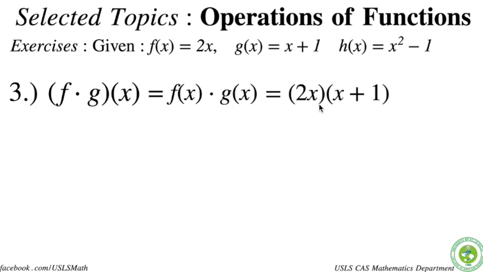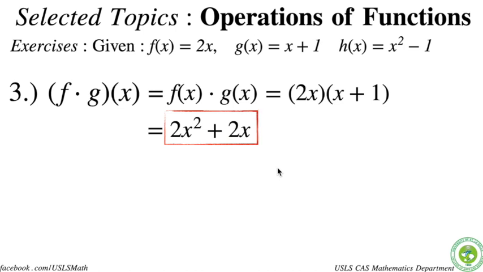We're multiplying variables, so we need to add the exponents. 1 plus 1 is 2. That's why 2x squared. And then distribute this 2x to the 1 here, that's 2x. So therefore, we have 2x squared plus 2x, and that's our final answer for number 3.